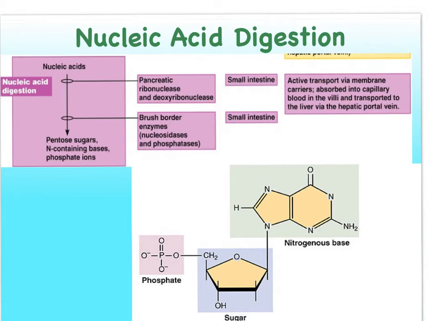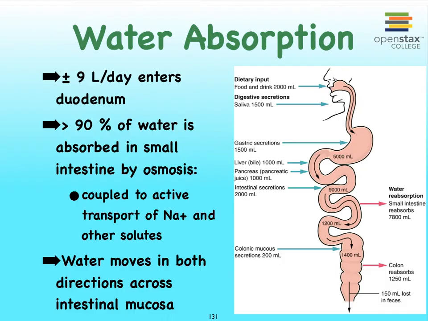So this finalizes our discussion of how our carbohydrates, our proteins, our lipids, and our nucleic acids are chemically digested and how they are absorbed. But there are some other nutrients to consider. So let's do that next.